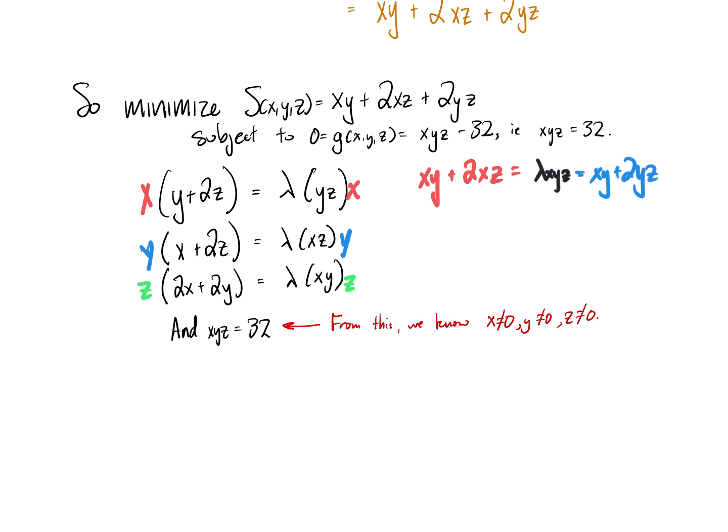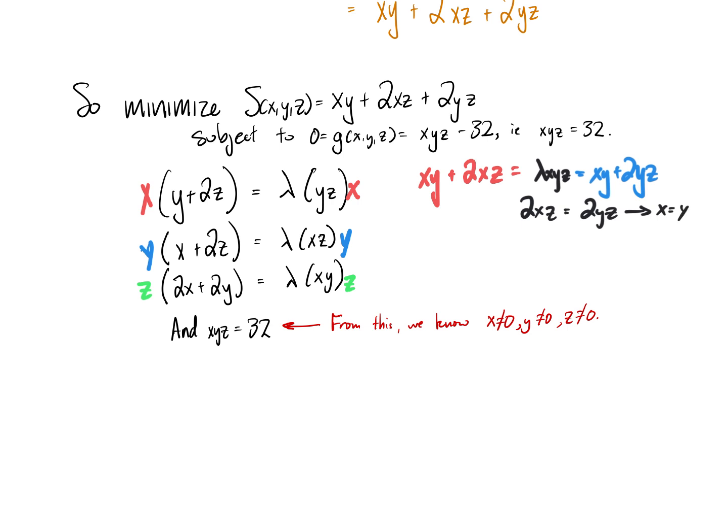Now, notice both of these expressions have an xy in them, so we can subtract them off from both sides, and we'll be left with 2xz equals 2yz. And we know 2 and z are both non-zero, which tells us that x equals y.